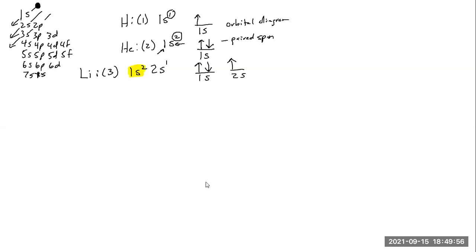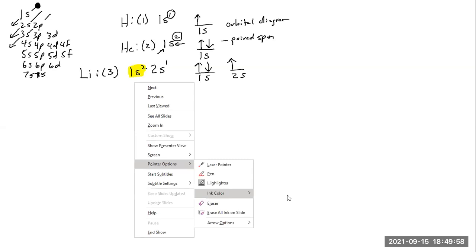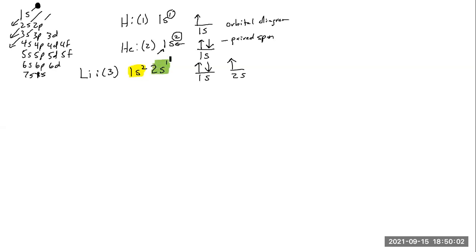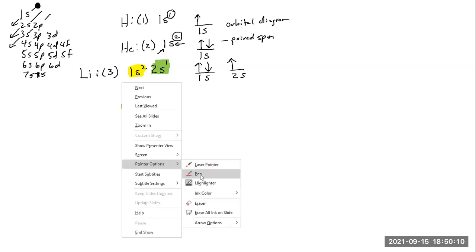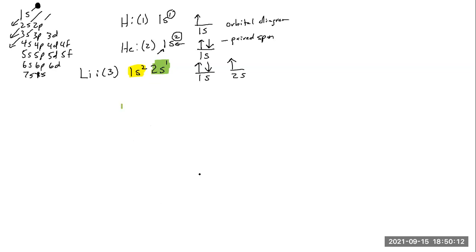On the second energy level, which is what that 2 represents there, we have 1 electron there. So we have 2 electrons that are closer to the nucleus on the first energy level. We have 1 electron that is higher in energy on the second energy level. Any questions on that there?